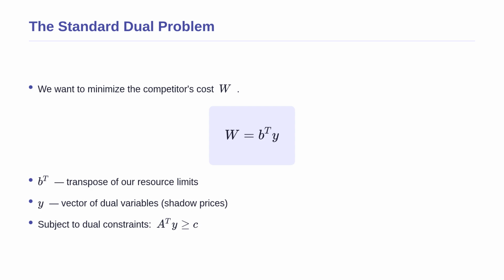These dual variables are incredibly important. They represent the shadow price, or the hidden monetary value of each unit of resource. The minimization is subject to the constraint that A transpose times Y must be greater than or equal to C. This ensures the competitor pays at least the profit value of the products.